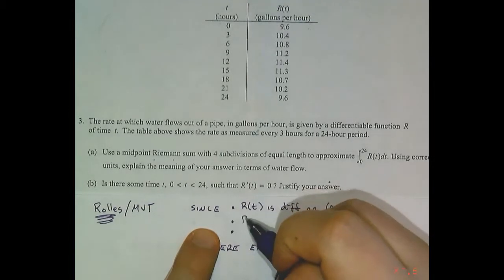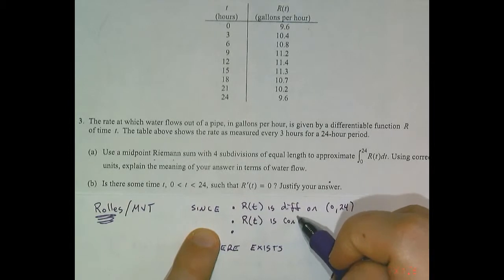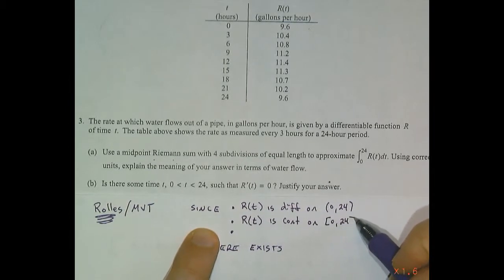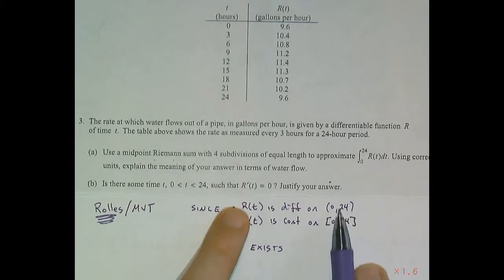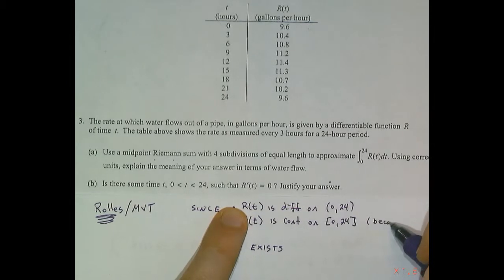The second condition is r of t is continuous on the closed interval 0 to 24, and we know this is true because r is differentiable.